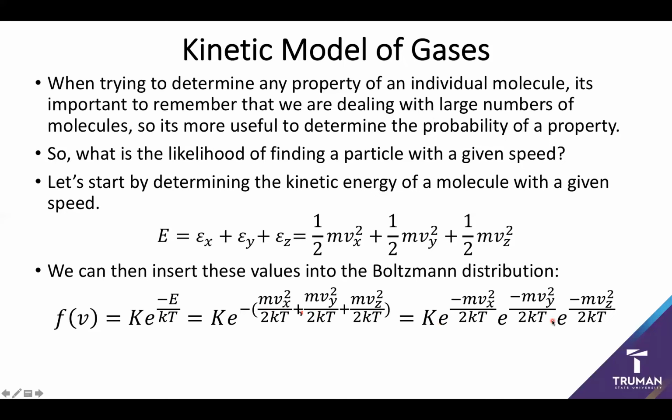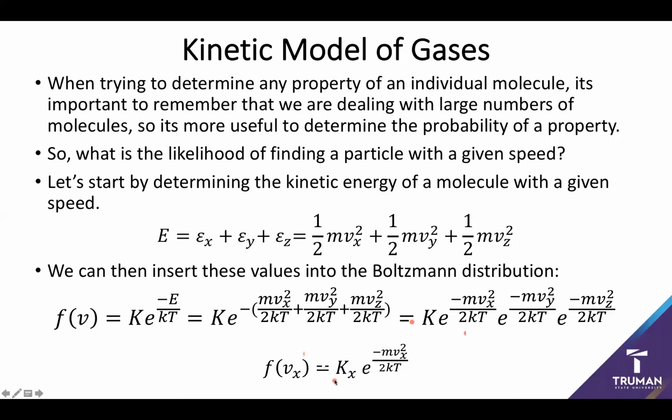One of the reasons this is specifically useful is that I don't want to deal with this big, ugly equation right away. Instead, I want to break it down into a digestible chunk. I don't want to know the probability of a molecule going with any velocity. I'm just going to strip it down to the velocity in the x direction. So this lets me isolate my x term, and my prefactor is going to change when I neglect these two terms. So I've got a new value, kx.